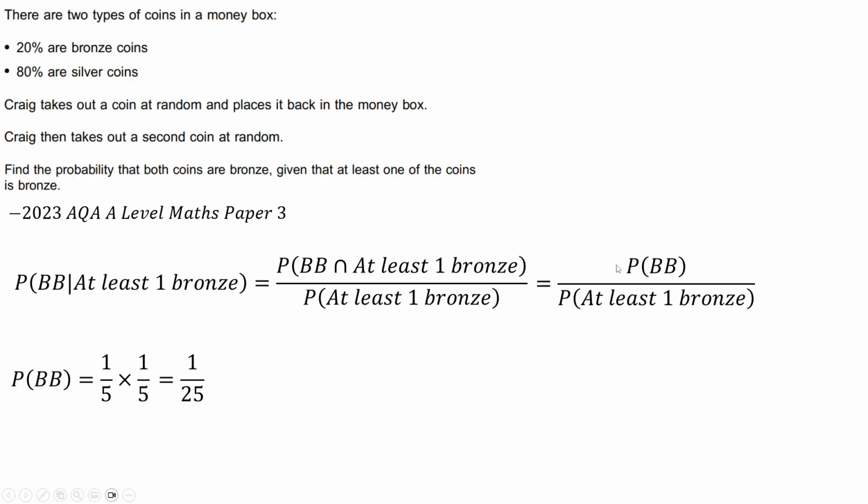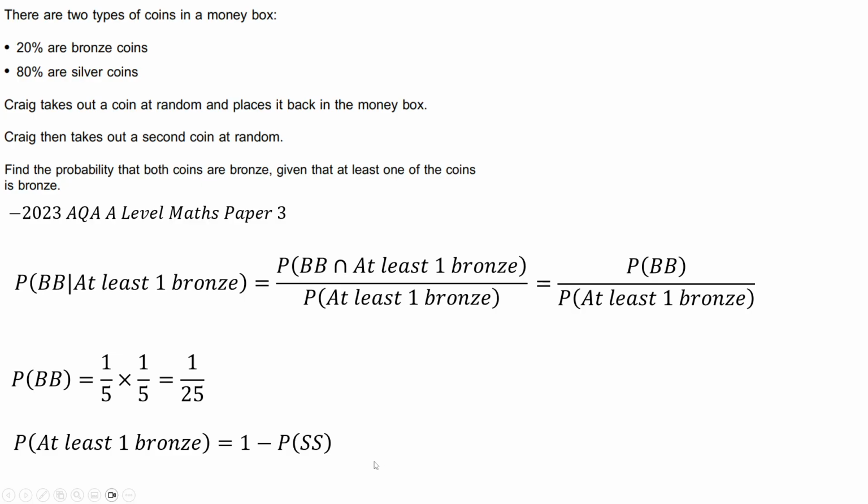So this is the same thing as the probability of being bronze over at least one of them being bronze. Now, what's the probability of one of them being bronze? Well, that's just 1 minus the probability of it being silver. Alternatively, you could do bronze, silver, add silver, bronze, add bronze.